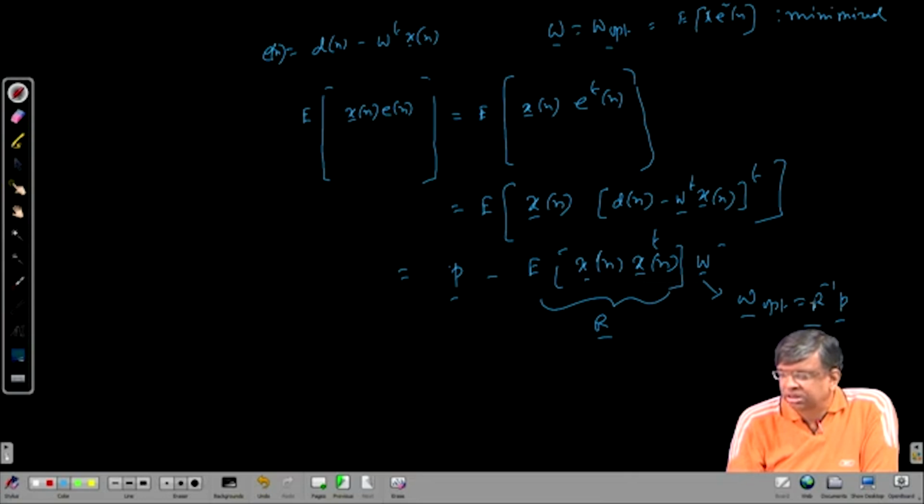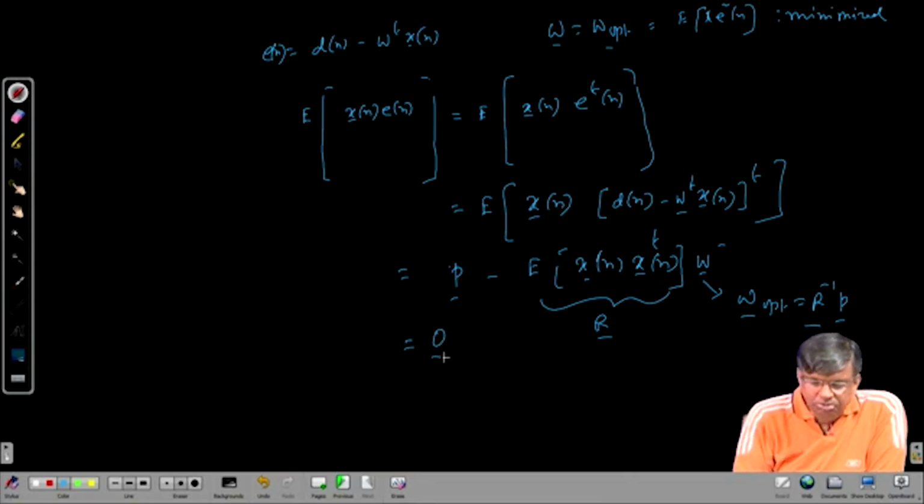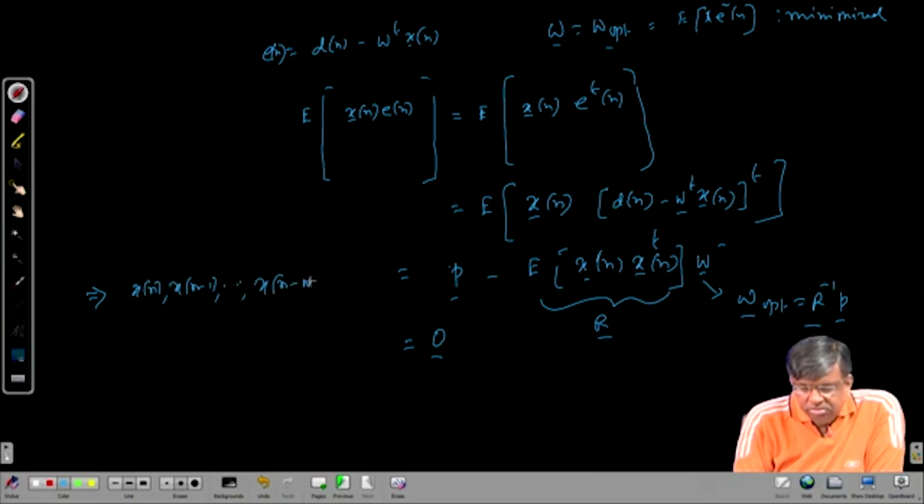Identity matrix times P is P, and P minus P is 0, which means every element x n minus 1 and so on are uncorrelated with E n. This is an important result.